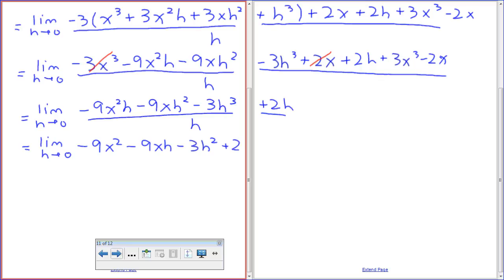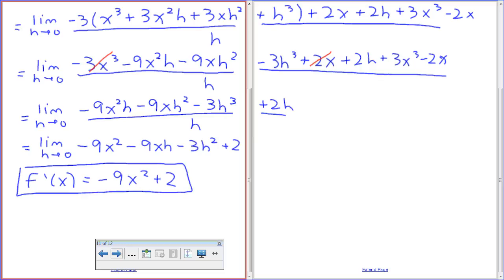What's my final answer going to be then? Oh, it's h goes to 0? Yeah, which means this is going to cancel because there's an h, and this is going to cancel. So therefore, f prime of x is equal to negative 9x squared plus 2, which is pretty awesome. Again, I'm a math teacher, so I think algebra is awesome.